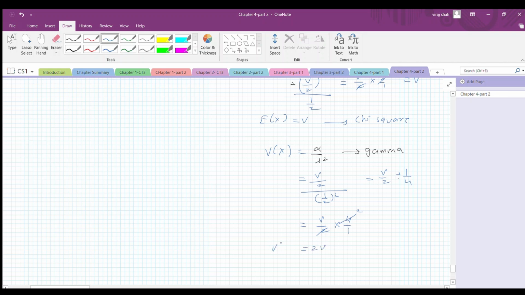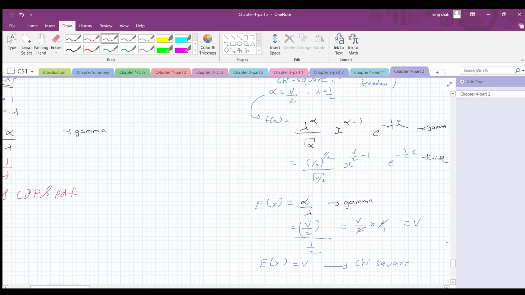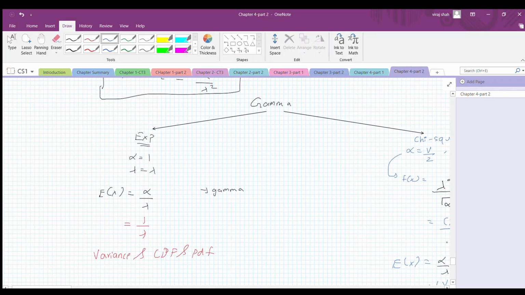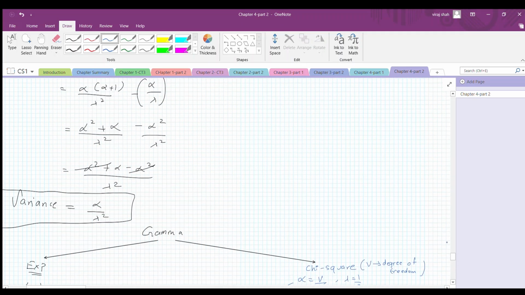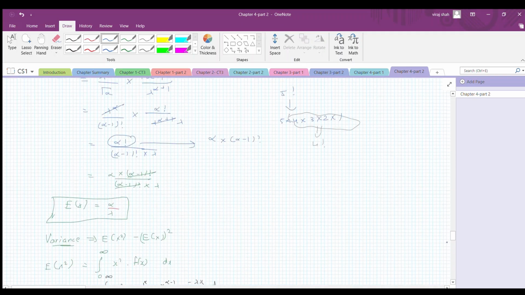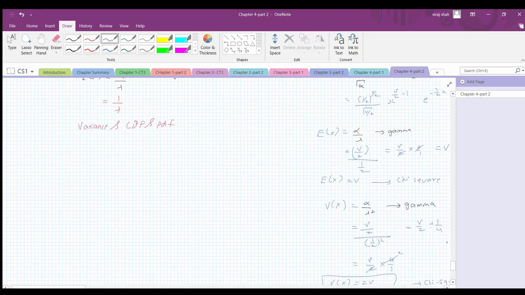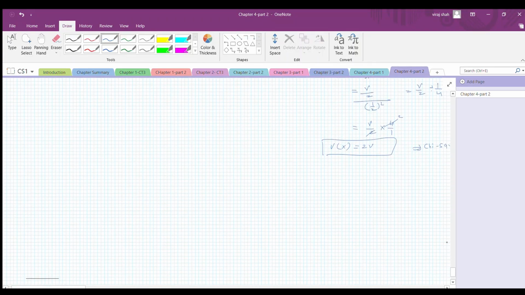Okay, variance of x is nothing but 2v. This is for chi-square. We proved that gamma is linked to exponential as well as chi-square. Then we found the mean and variance for gamma and even exponential. And so we will be done with this lecture. In the next lecture, we will see another distribution. So, yeah, thank you.